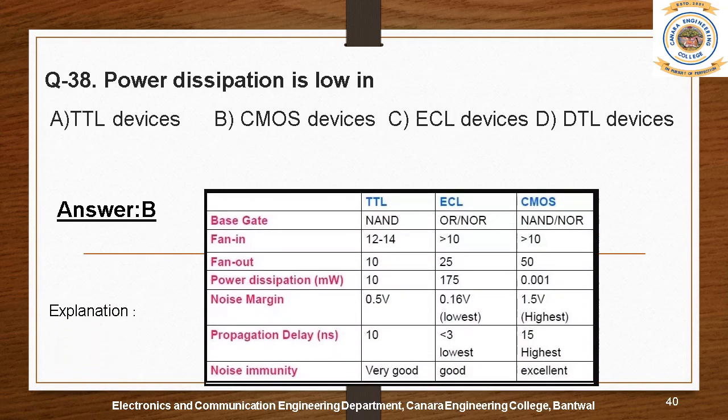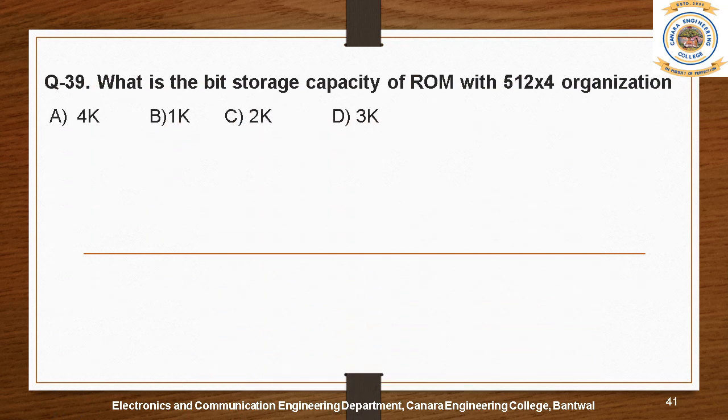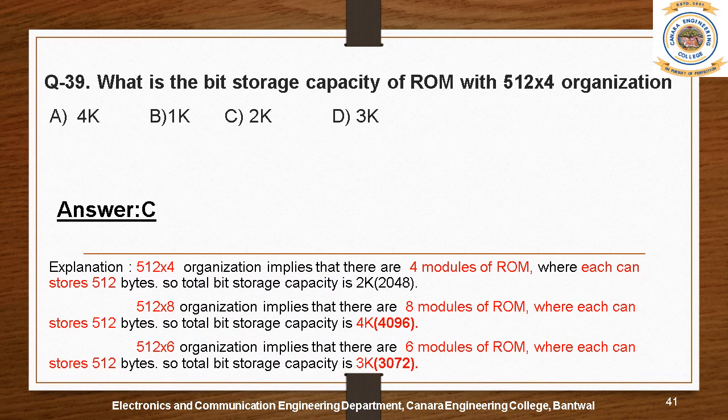So this is a chart which represents the different delays. What is the bit storage capacity of ROM? 512 into 4 if it is the ROM size. What is the maximum bit which can be stored? It is 2K. See, it implies 4 modules where each can store 512 bits.